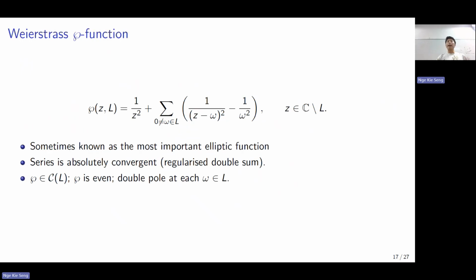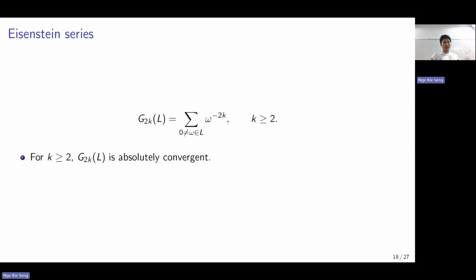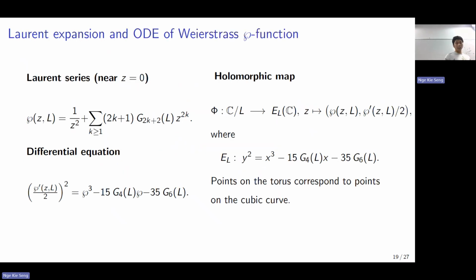With the Weierstrass P function and Eisenstein series, now we move to the next proposition. If we try to find the Laurent expansion of the Weierstrass P function, do you guys still remember the Laurent expansion? It is the Taylor expansion, but you can put the z in the denominator. If we find the Laurent series of this function, we will get this thing, with G_{2k+2} being a value that we can get from the Eisenstein series.